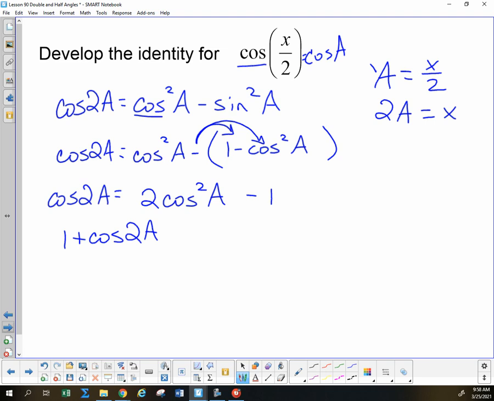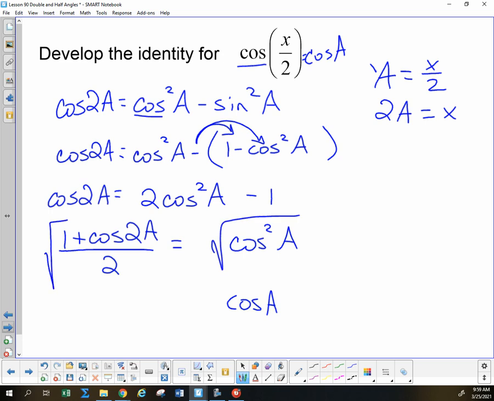That gives me 2 cosine squared a. So I divide both sides by 2, and I have cosine squared of a. To get just cosine a, I have to take the square root of both sides. So that becomes plus or minus the square root of all of that.